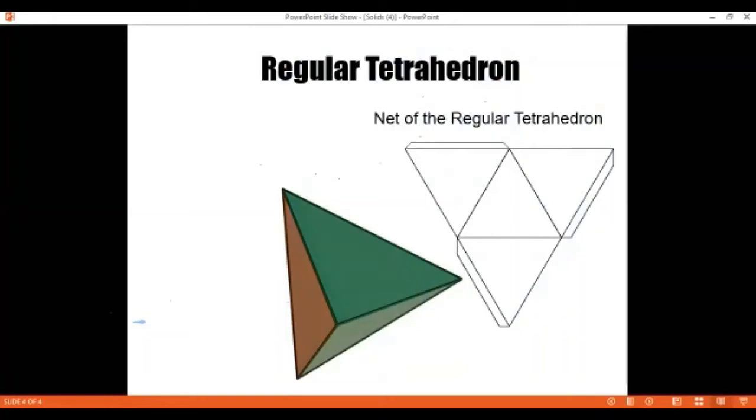How many vertices are there? Number of vertices: 1, 2, 3, 4. Yes, very good. Vertices equal 4. How many faces? 1, 2, 3, 4. Yes, 4. Under this, write all are equal triangles.